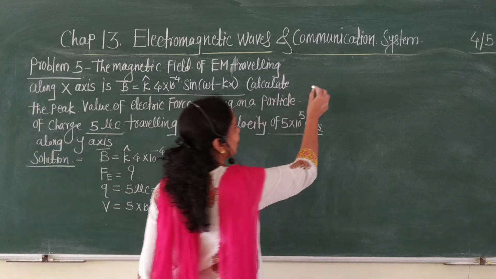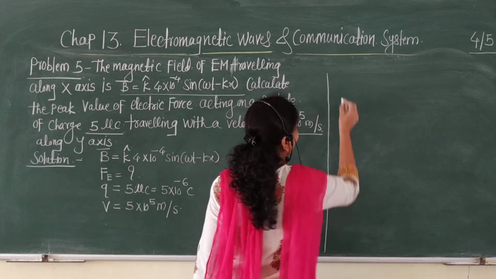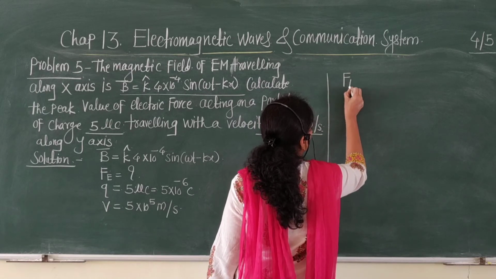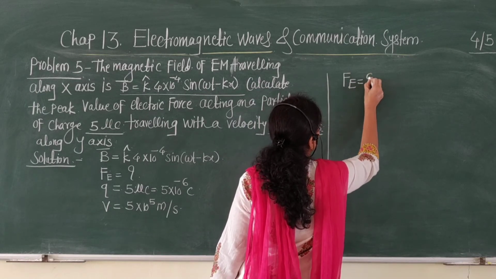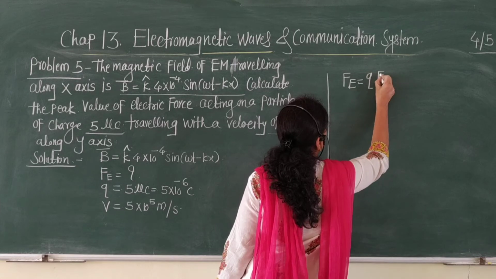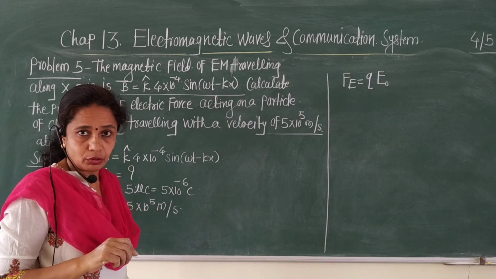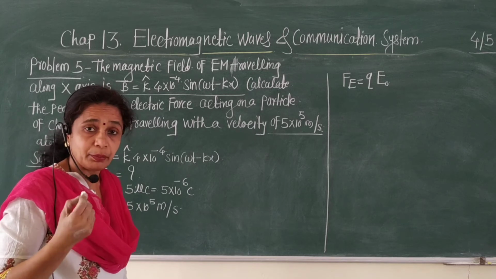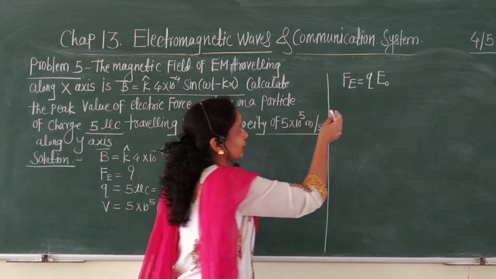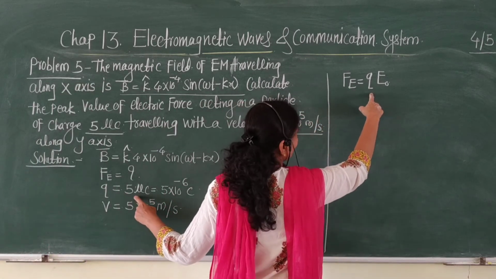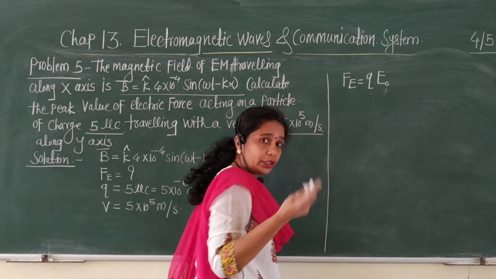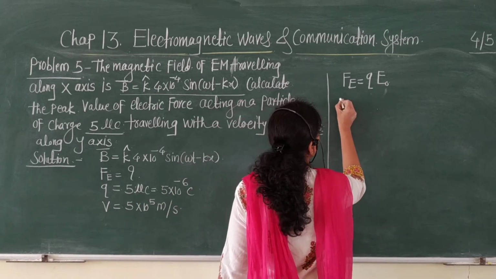What is the formula for Fe? Force due to the electric field is equal to Q into E naught, where E naught is the amplitude of the electric field. We know the value of Q, but we don't know the value of E naught. First calculate E naught.